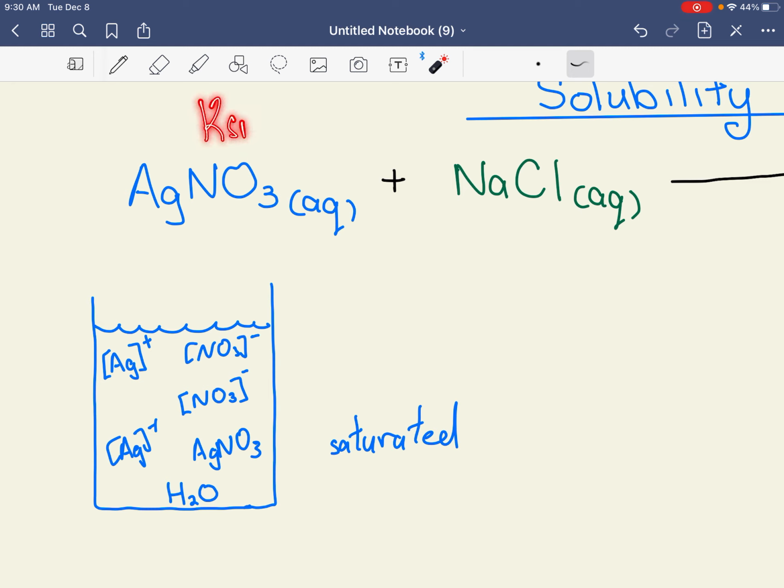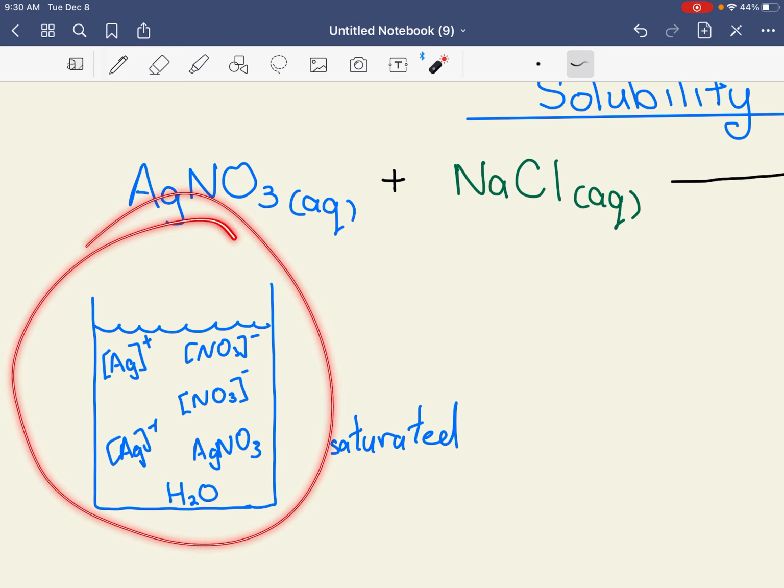AgNO3 has a certain KSP, NaCl has a certain KSP. This constant tells you at what point the amount of water you have will not be able to dissolve any more of the salt. Okay? Like what we see right here.